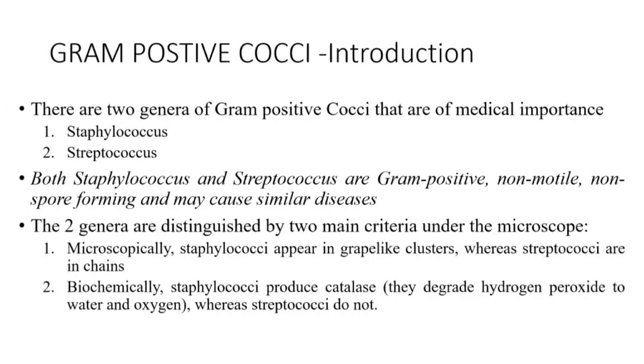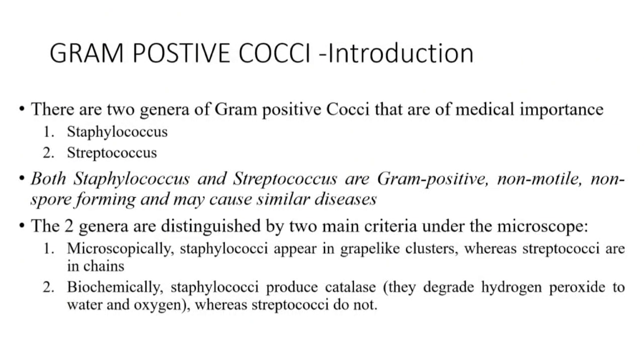Now, there are two main gram-positive cocci: Staphylococcus and Streptococcus, and though they are both gram-positive and spherical, there are some differences between them. Microscopically, the Staphylococcus species appear in clusters, spherical and grape-like, whilst Streptococcus appear like chains.